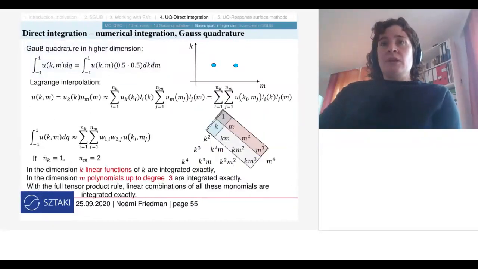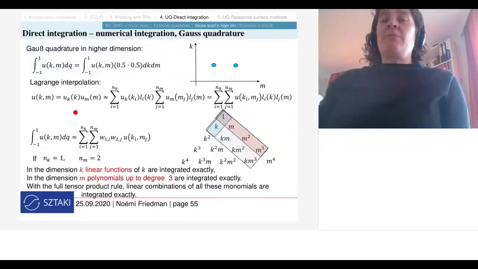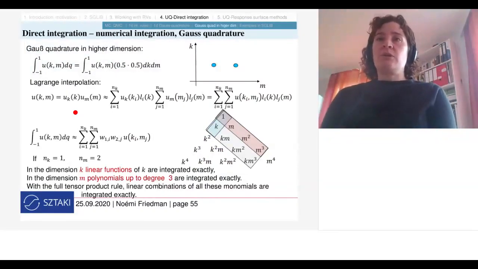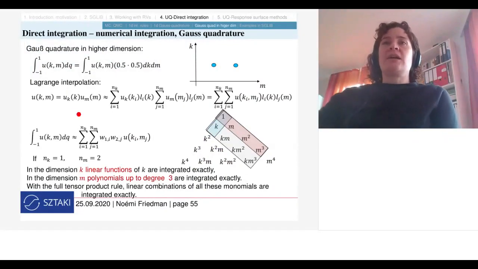Now, what happens if I have not one random variable, but, let's say in our spring example, the stiffness and the mass? Then I have a function, the displacement of the mass at a certain time, which depends on these two random variables, and I have to integrate over them.